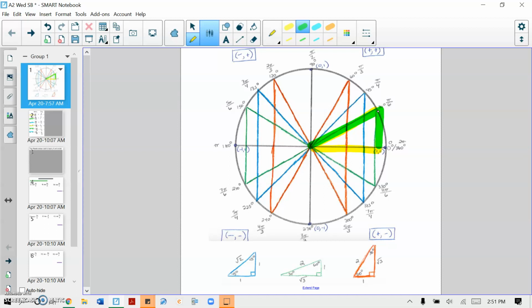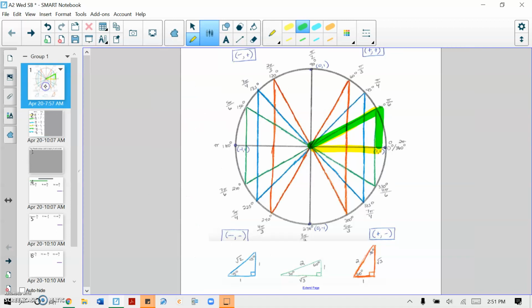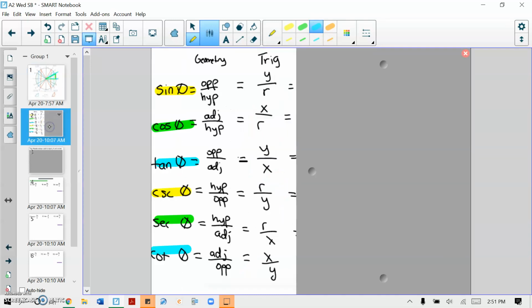So if you look at this next page, I have written out y over r. That's where those come from. Cosine is adjacent over hypotenuse. Adjacent is the x value, hypotenuse is the r. So you'll see I've written x over r. That's where the trig version comes from.